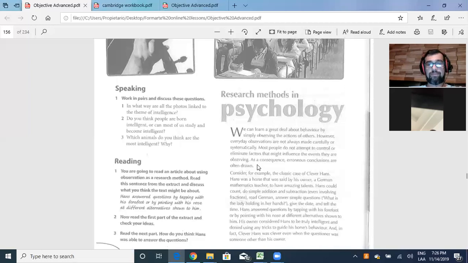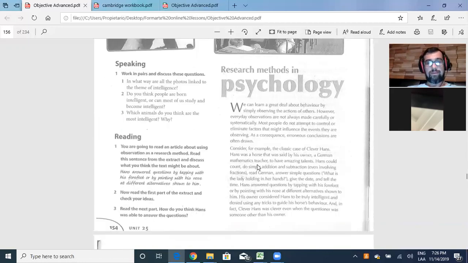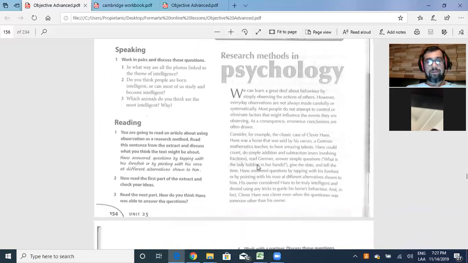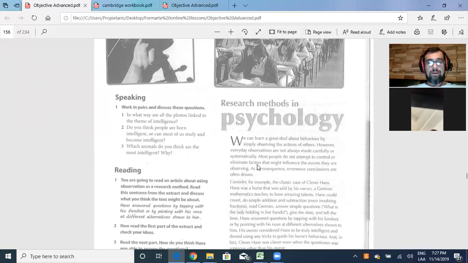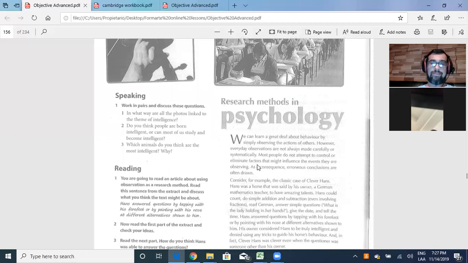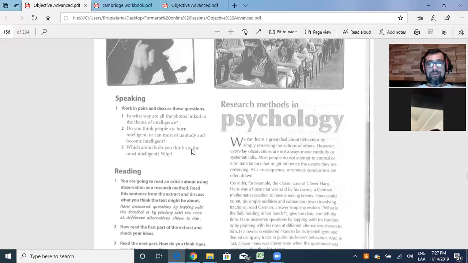Elephants are also intelligent because they have an excellent memory and they can remember a lot of things for years, even though they are animals. So I think that maybe the dolphins and the elephants are the most intelligent in regards to animals. Okay, very good, very good.